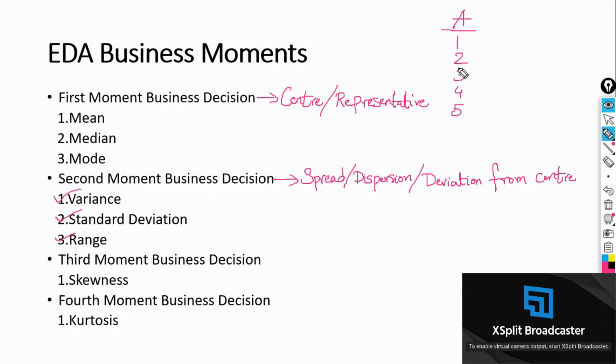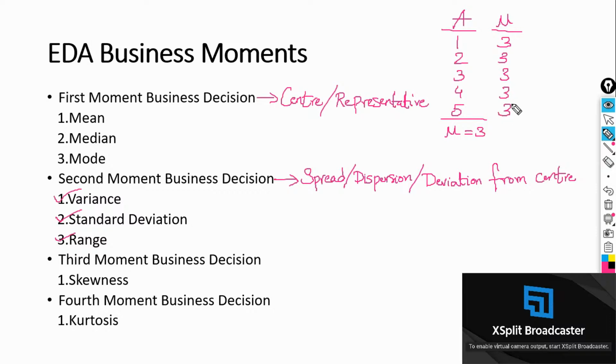Mean is nothing but 1 plus 2 plus 3 plus 4 plus 5 by 5, which is nothing but 3. Good. So in this case, I get the center value as 3. Right. So my center value is 3, 3, 3, 3, 3.